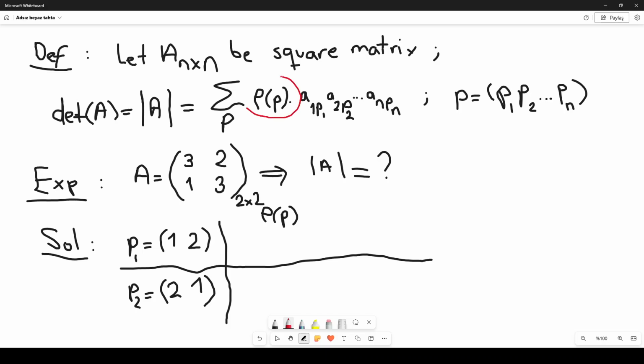If I circle in red, I need to find the sign of each different permutation, and I also need to compute this multiplication with respect to both the components of the permutations and the matrix. Then I will multiply the sign with this multiplication. Let's see how it works. So let's find the sign. And what is the sign?